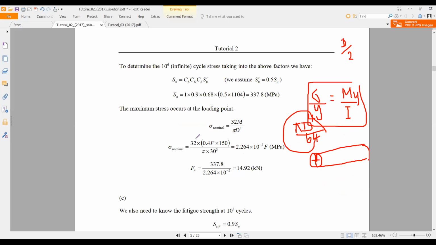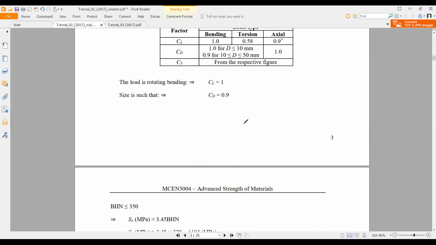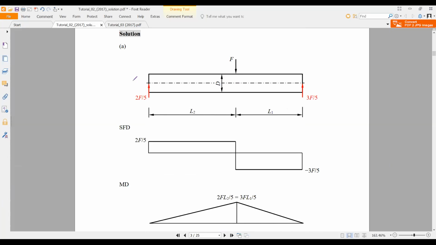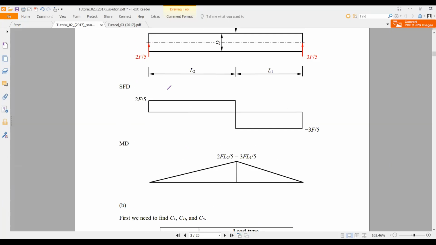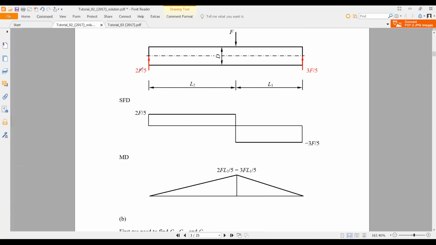So this is the equation for circular cross-sectional elements. Okay. So this is the maximum nominal stress, so you can find it by substituting the bending moment and other dimensions. At the loading point, bending moment you can get from this equation. So for bending moment, you need to find the values in here. Say, 2 divided by 5 means it is 0.4F. Okay, this is 0.6F.